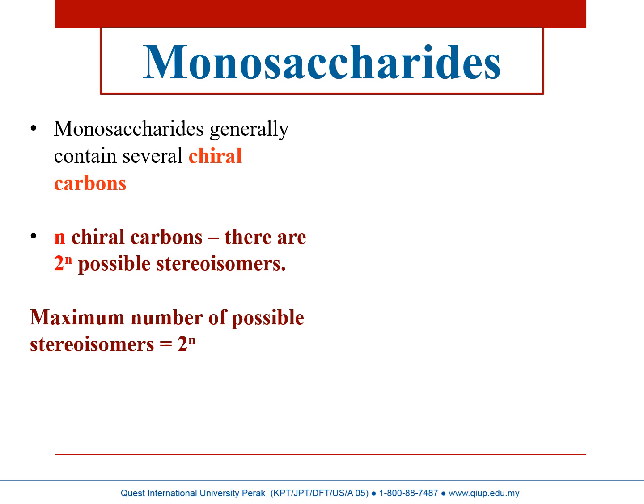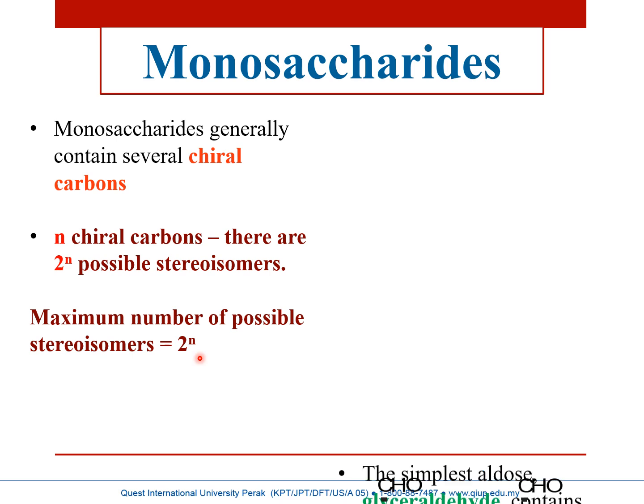If you have two stereogenic centers or chiral carbons, by using this formula, the n you put 2, it's 2 to the power of 2, which is equivalent to 4. So if there are 2 chiral carbons or stereogenic centers, there will be 4 isomers. And if it's 3, it will be 8 isomers.